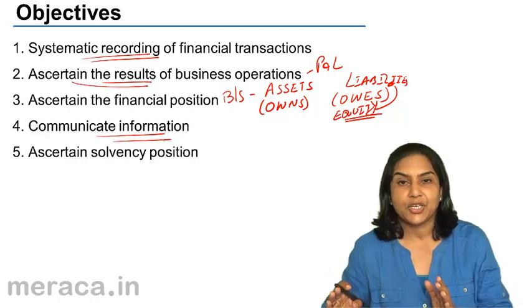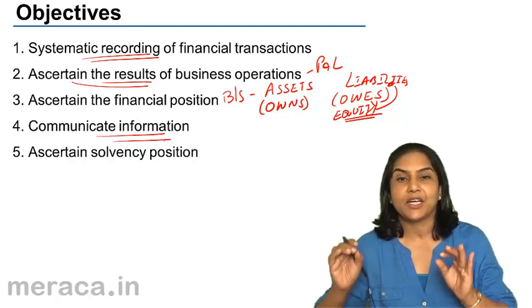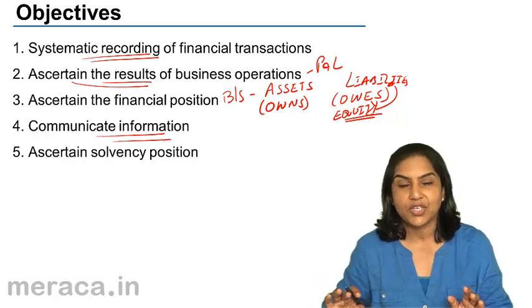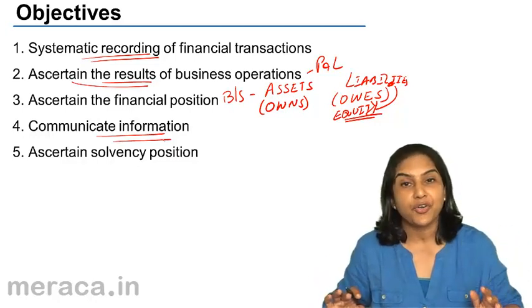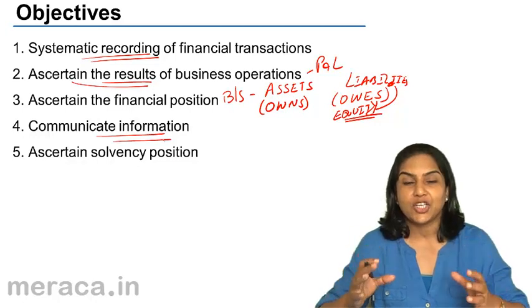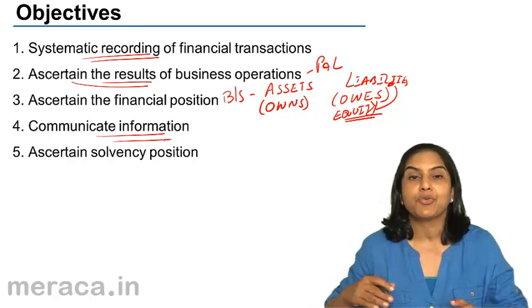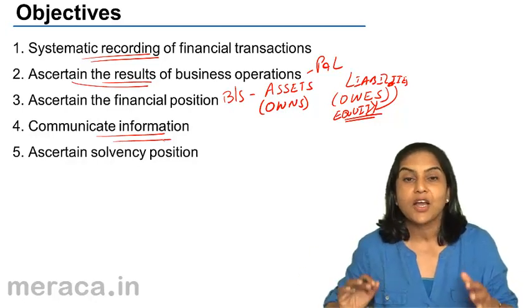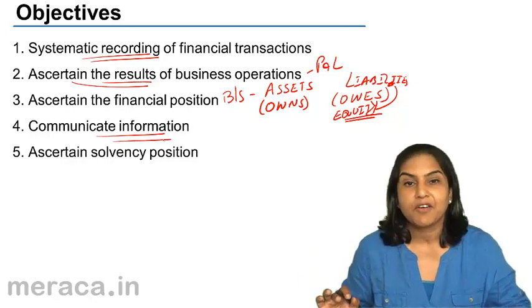A balance sheet, a statement of the assets and liabilities on a particular date, is released. A cash flow statement is released stating the flow of cash during the year. What cash has been generated due to the operations of the business, what cash has been used for investing, what cash is used for financing.